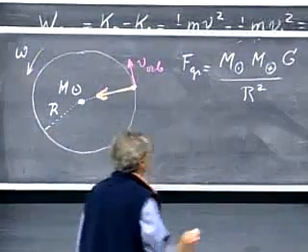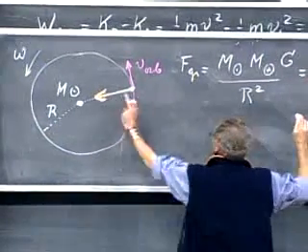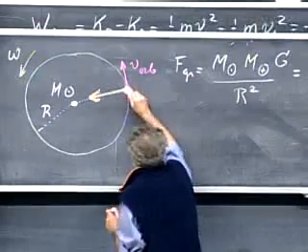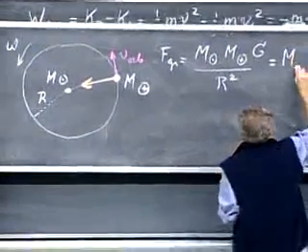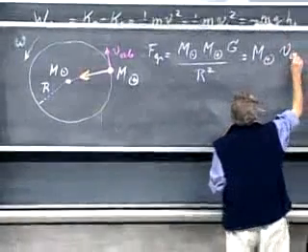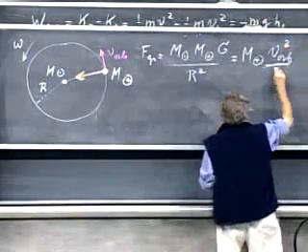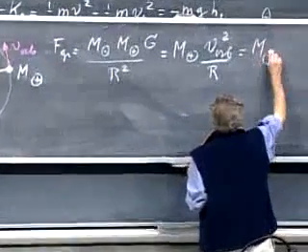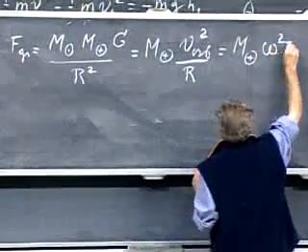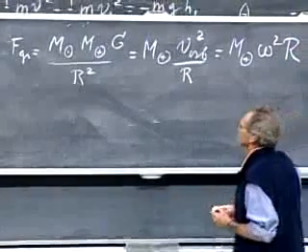But it also must equal the centripetal force, the mass of the Earth times the orbital speed v squared, divided by the orbital radius, and if you prefer to write that in terms of omega squared r, that's fine too.